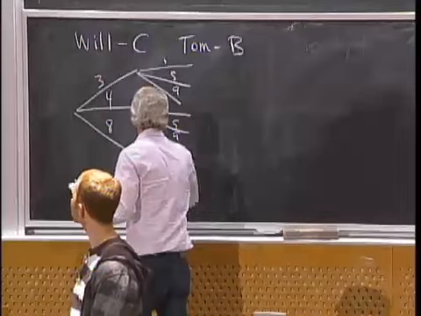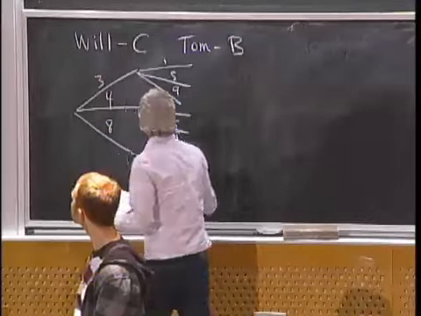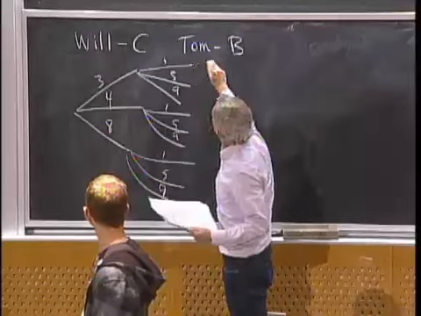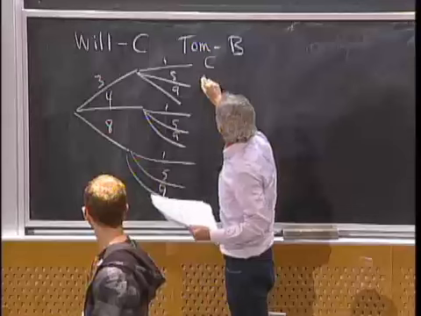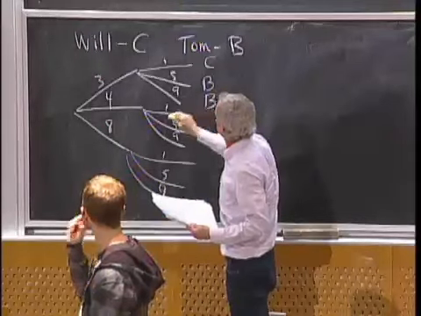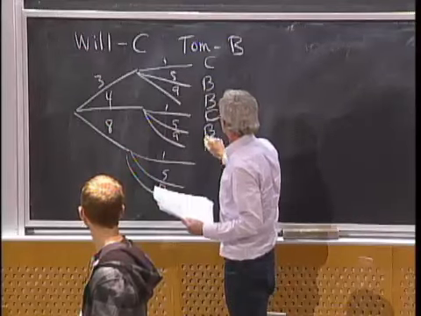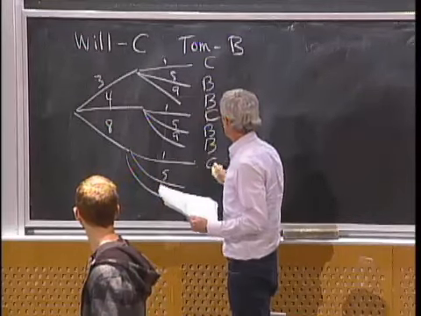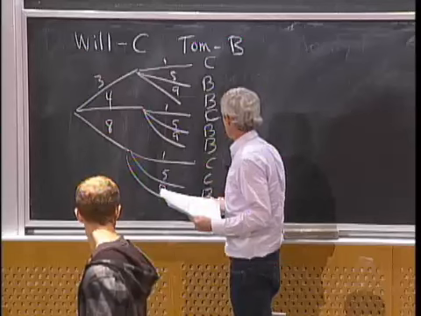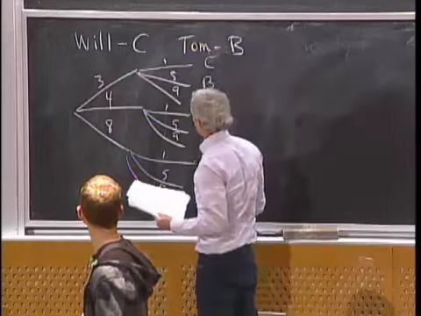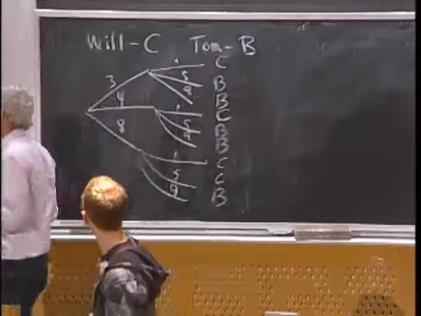Now we can see who wins here. Well, C wins there. Loses here, loses there. C wins here, and B wins the next 2. Then C wins these, and B wins the tiebreaker. So B beats C with probability 5/9.